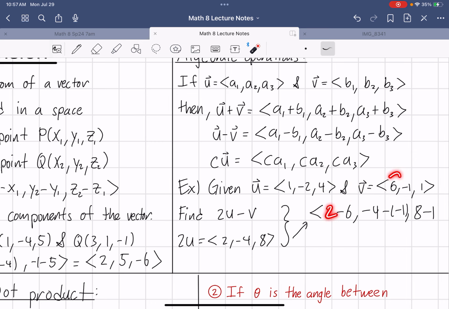So it's 2 minus 6, -4 minus -1, 8 minus 1. To give us the vector -4, comma -3, because right, these two negatives become positive, and -4 plus 1 is -3, and then 7.